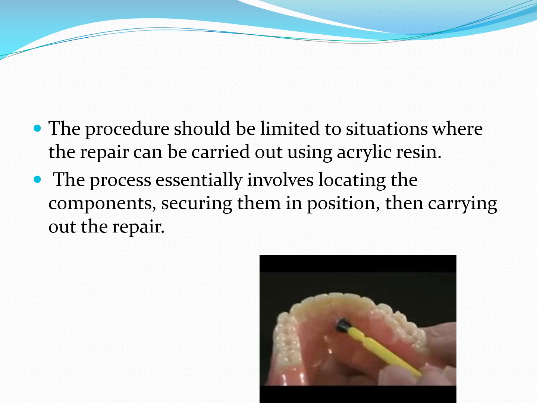The procedure should be limited to situations where the repair can be carried out by using acrylic resin. Autopolymerization self-cure resin we use and apply as in the laboratory, with the same procedure as I told you. The process essentially involves locating the components, securing them in position, and then carrying out the repair.